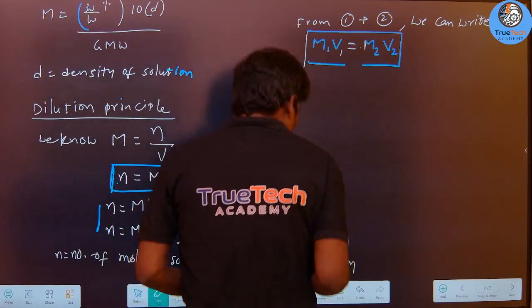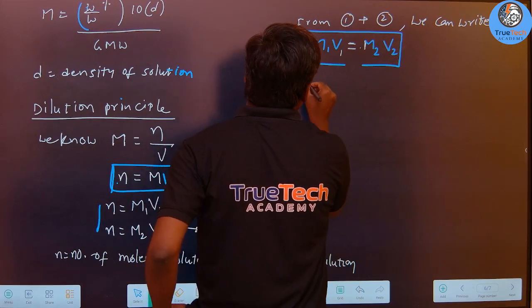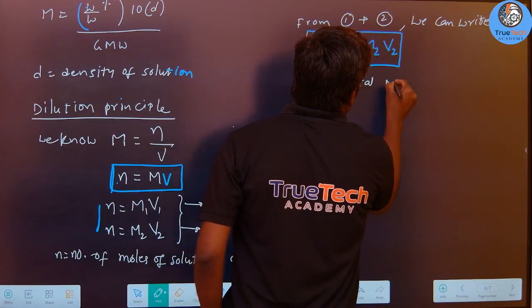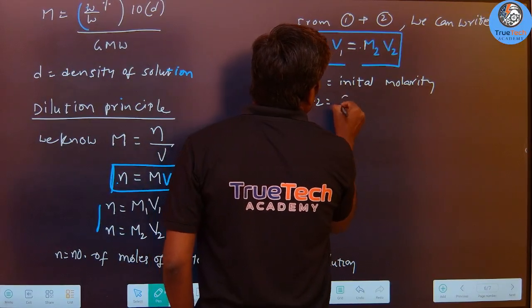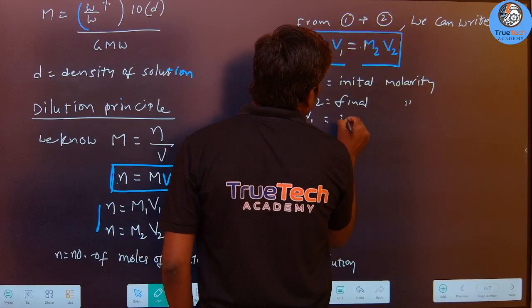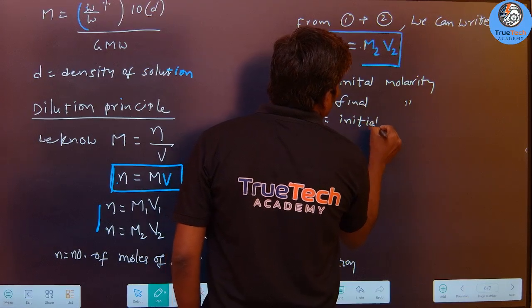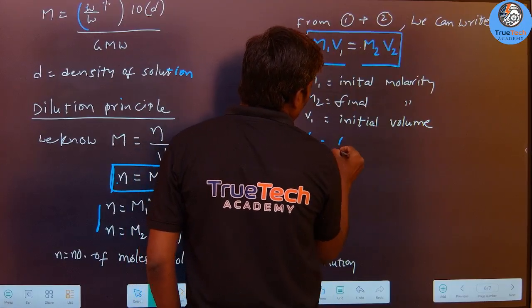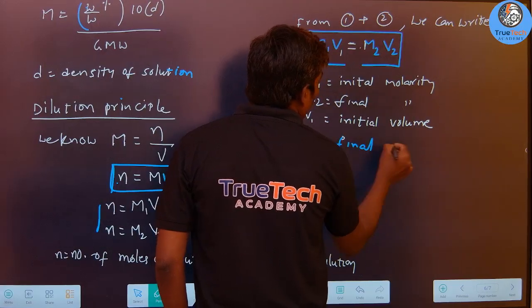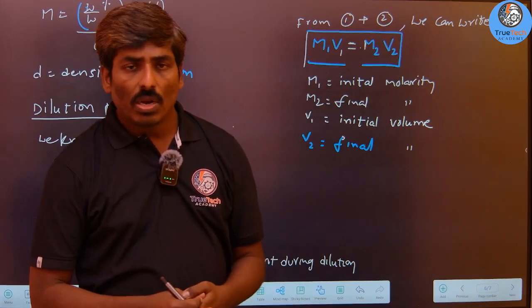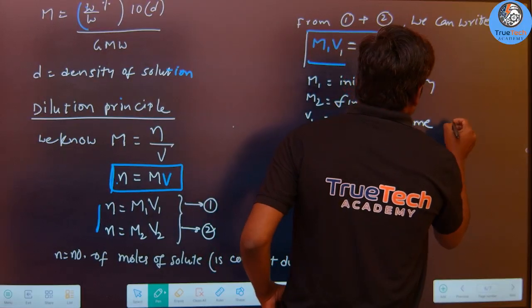From this, we know M1 equal to initial molarity, M2 equal to final molarity, V1 equal to initial volume, V2 equal to final volume. M1 is initial molarity, M2 final molarity, V1 initial volume, V2 is final volume of what?